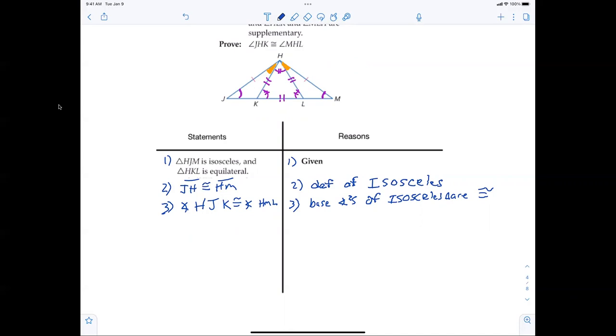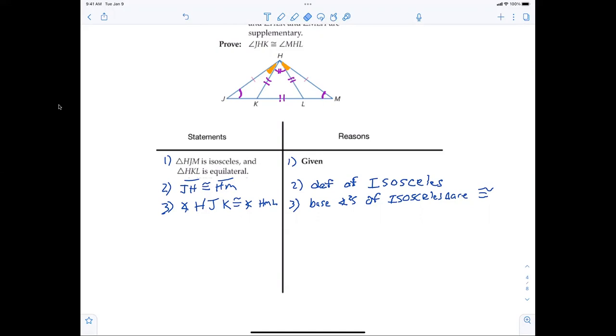So now I'm gonna leave the yellow. All right, I need some help here, guys. Step 4. Does everybody agree there's really no way to say JK is congruent to LM? Everybody okay with that? I don't see how I can do that.